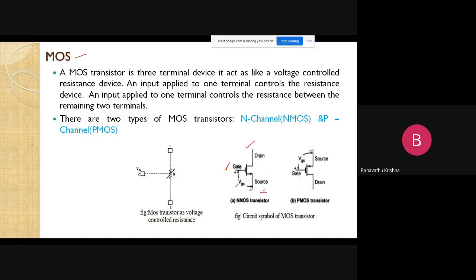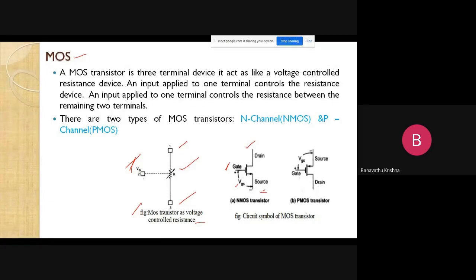That's why in the figure it is called a MOS transistor as voltage controlled resistance. This is the gate terminal, this is the drain terminal, and this is the source terminal. By applying voltage at the input, the resistance will vary.